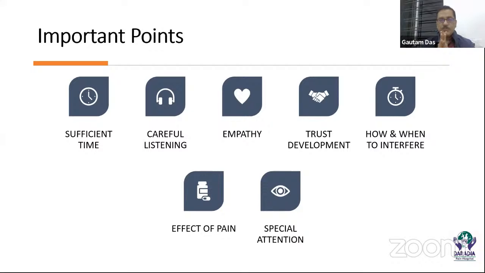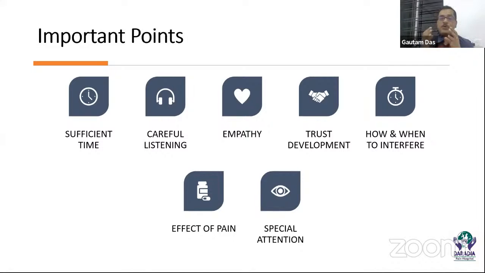So in history, we have two important areas. One is the general history that is common for all kinds of pain. Suppose somebody is having back pain, somebody is having knee pain, somebody is having shoulder pain. So general history is common for all kinds of regional pain. And the special history is where you ask some specific questions related to that particular area.